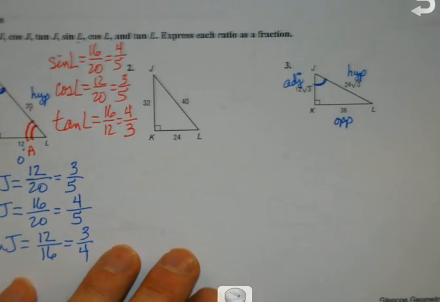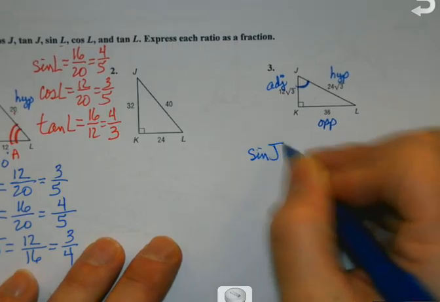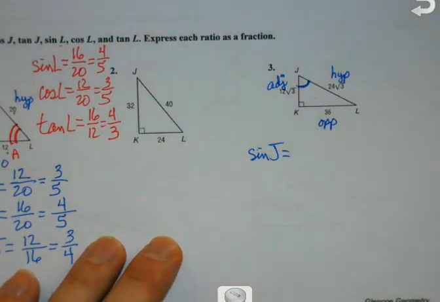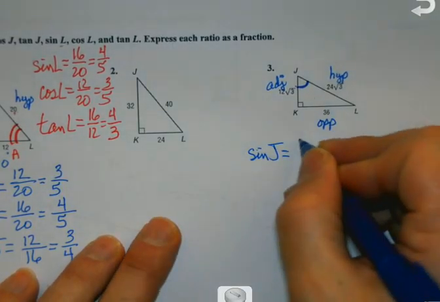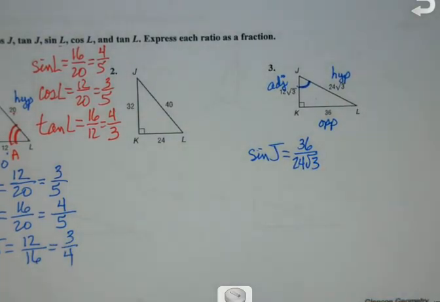Now here's where life changes a little. When I go to find the sine, I'm like, okay, so opposite over hypotenuse. Here's my issue. Mathematically speaking, it's incorrect to have a radical in the denominator of your final answer. It's not in its simplified form.